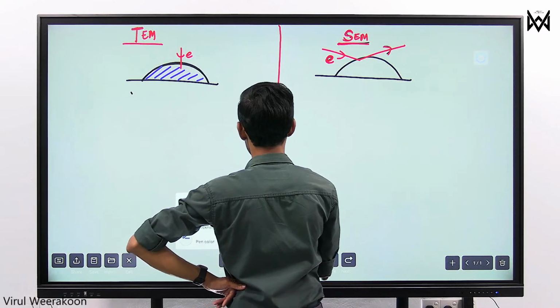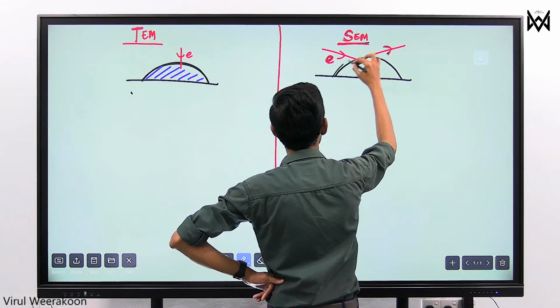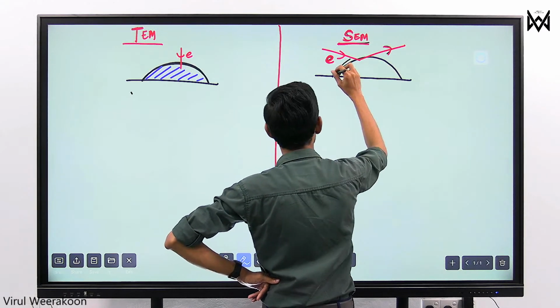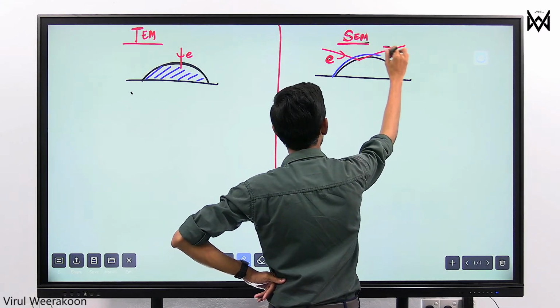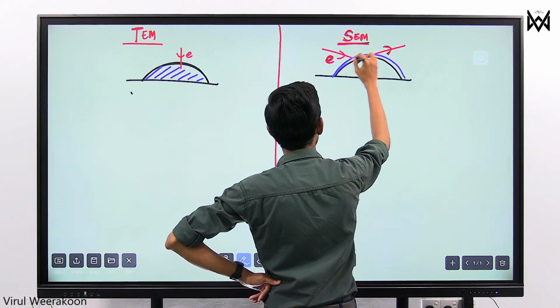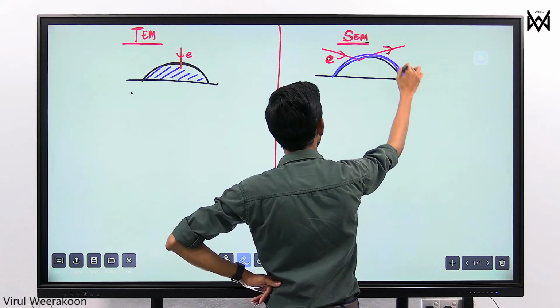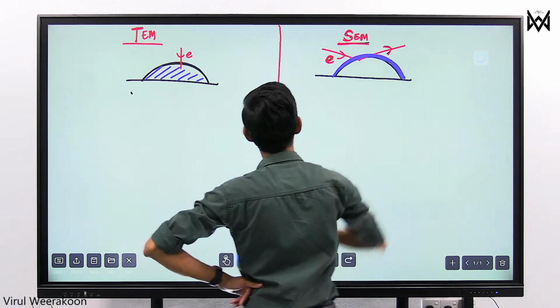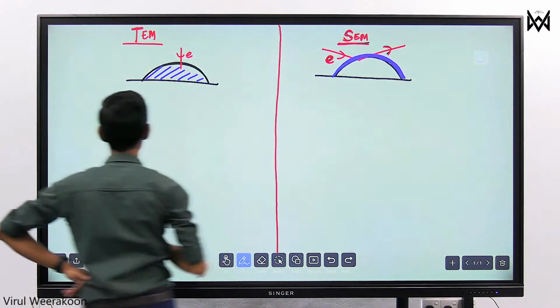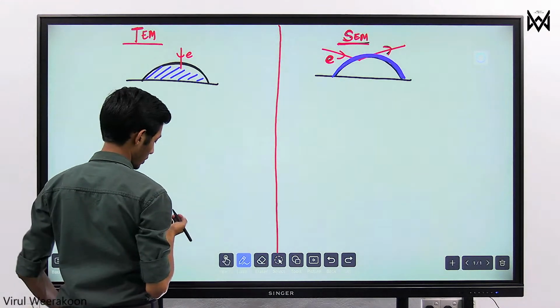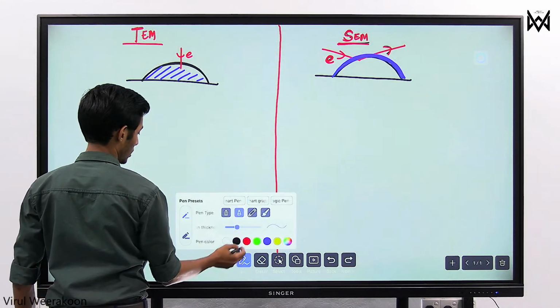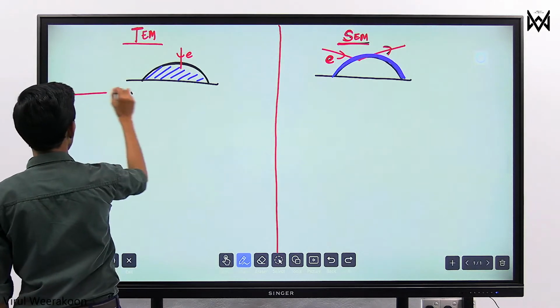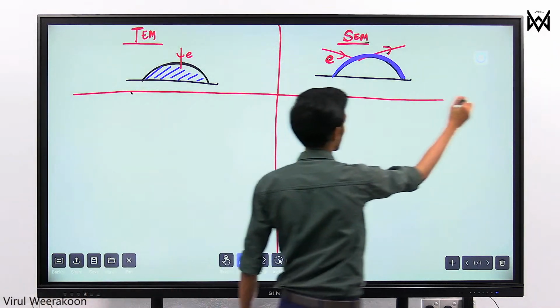So scanning electron microscope is used to observe the surface view. I will color it like this. The surface view, not the internal structures, right? So the first difference is done. This is the first difference between those two.